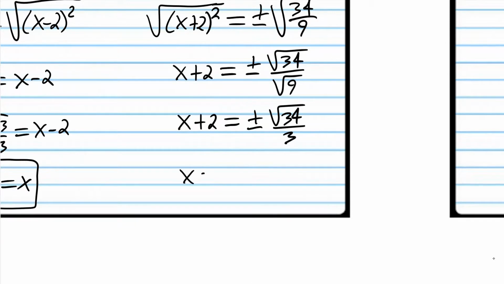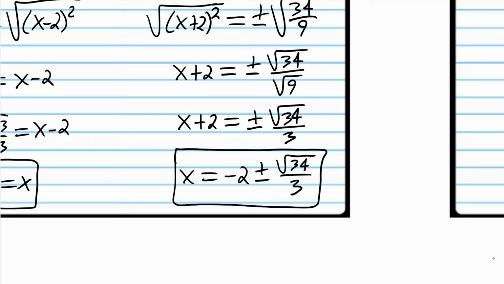And the final answer is negative 2 plus or minus square root 34 over 3. And there you go. So if you got that answer, it's very good.